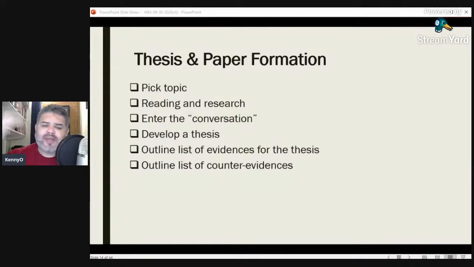So you're going to pick a topic, do some reading and research. You're entering into the conversation. You're going to eventually develop a thesis statement or an opinion. You're going to outline all the evidences for that, all the sub evidences and sub pieces of evidence for each of those evidences. Then you're going to outline the counter evidences, things that would come against you or things that would prove your opinion wrong. And then you're going to interact with those.